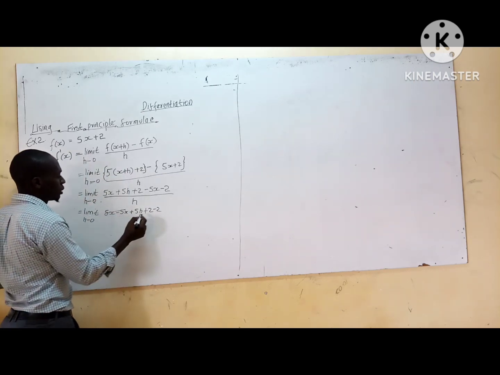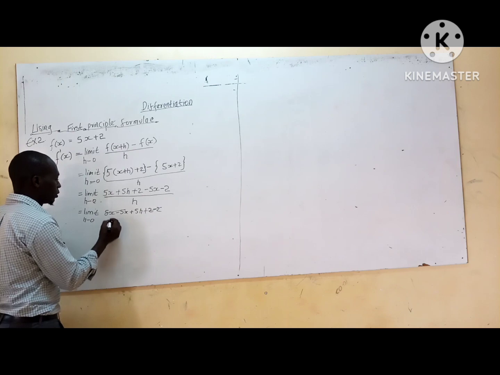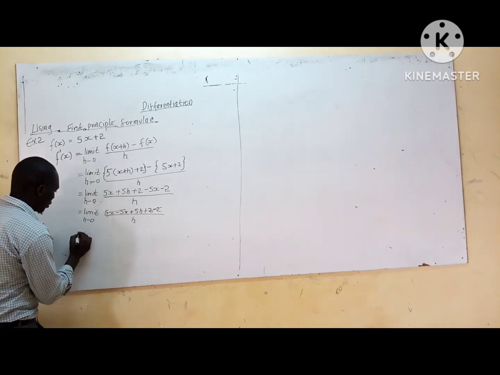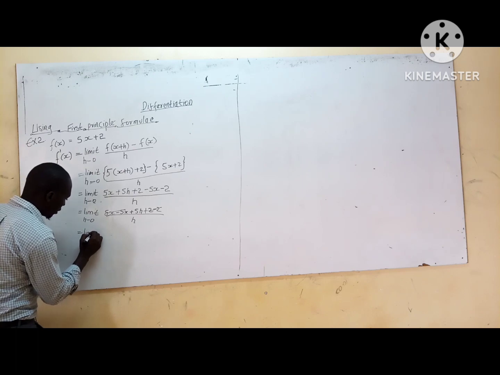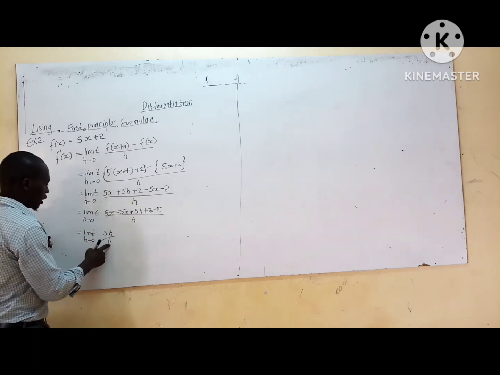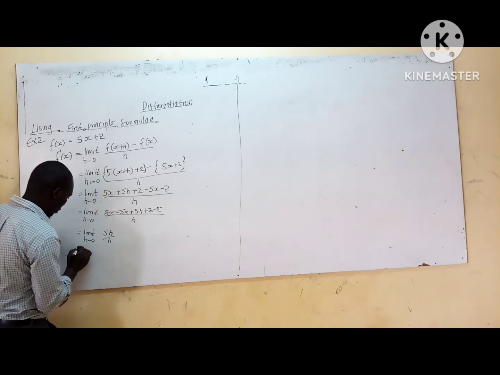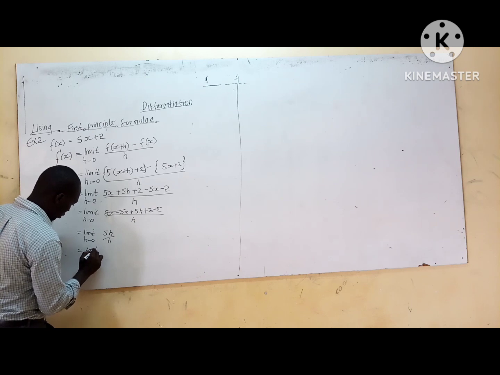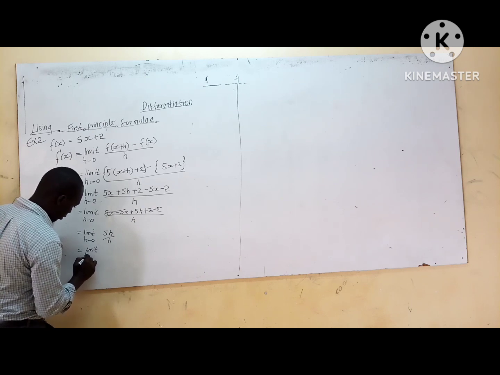So this one will cancel out, this one will cancel out, and here everything will be over h, and lastly we will have the limit all over h. h and h will cancel out, with h approaching 0.